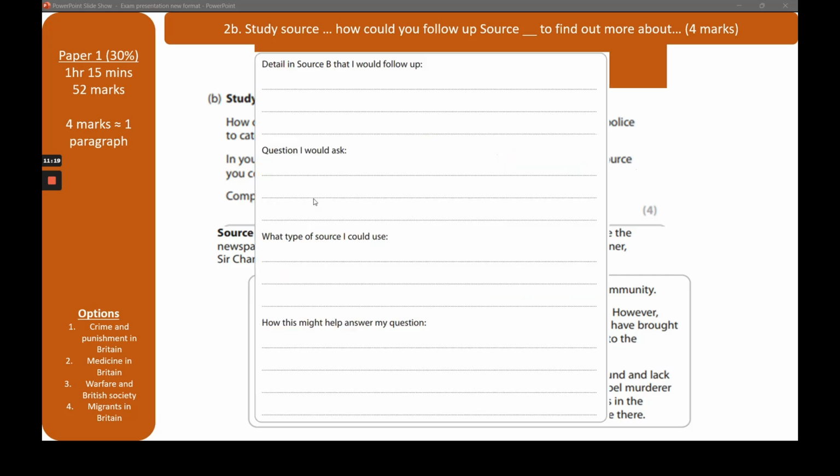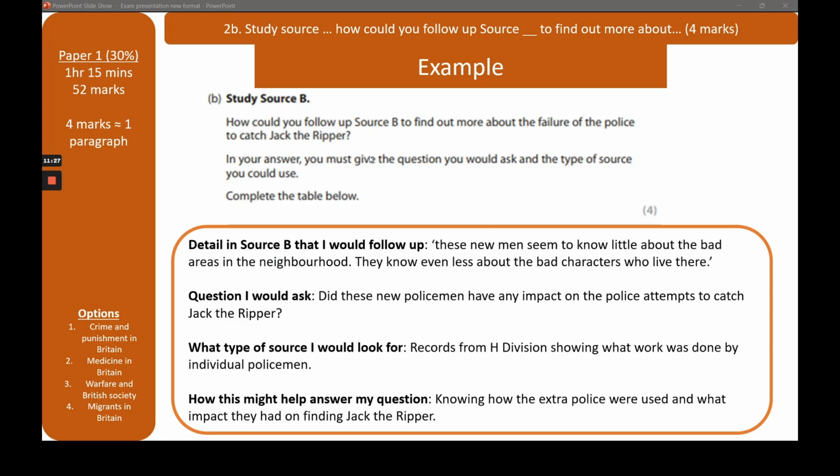Complete the table below, and the table looks like this. Detailing source B you'd follow up, question you'd ask, type of source you could use, and how this helps answer your question. So this is my example. So what I would follow up: these men seem to know little about the bad areas in the neighbourhood. They know even less about the bad characters who live there. So I've quoted something. I've got a mark just for quoting something.